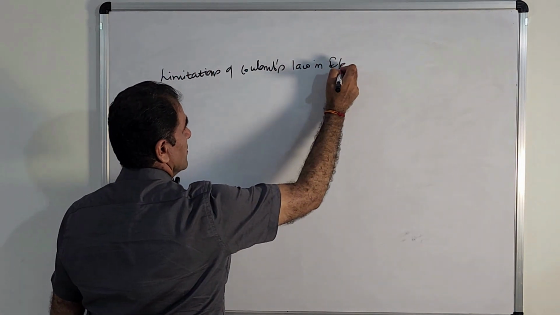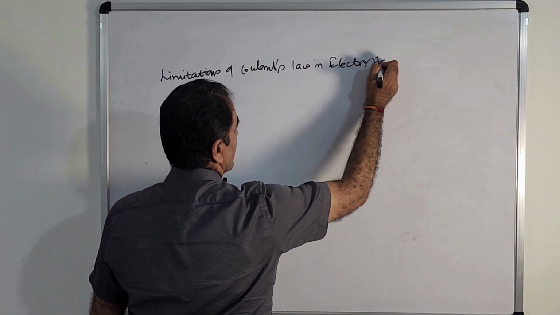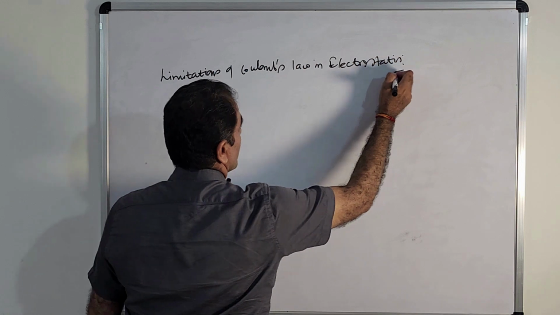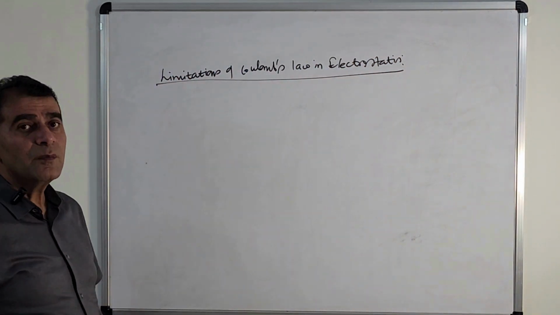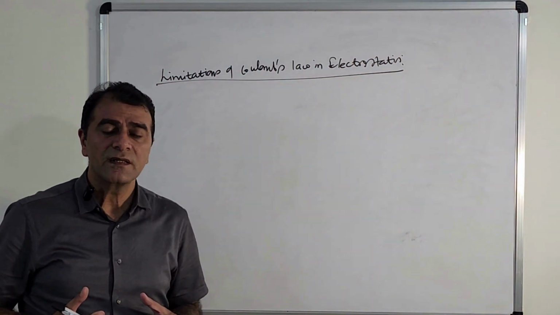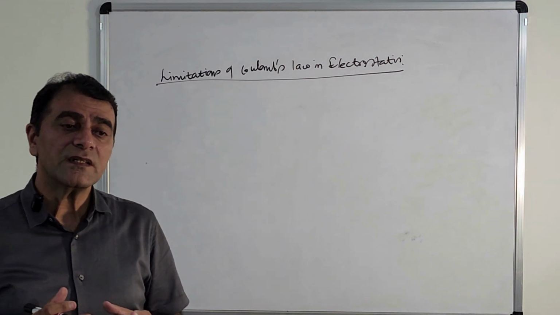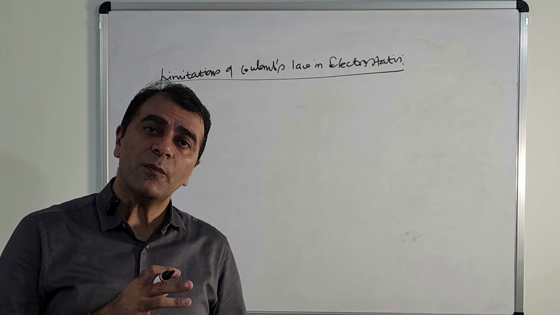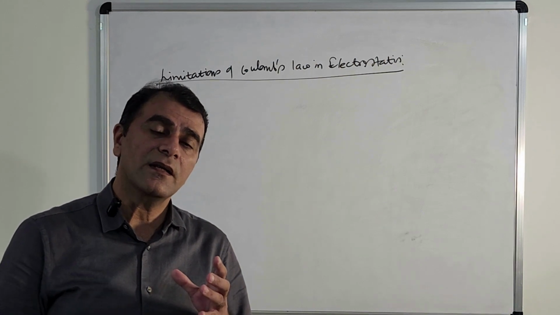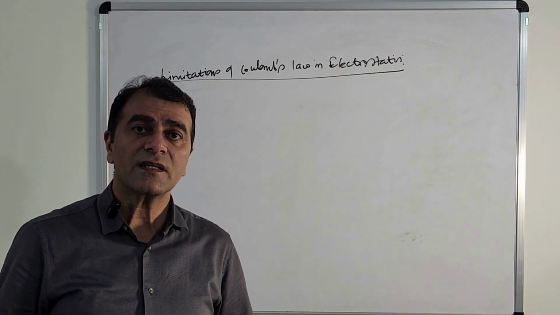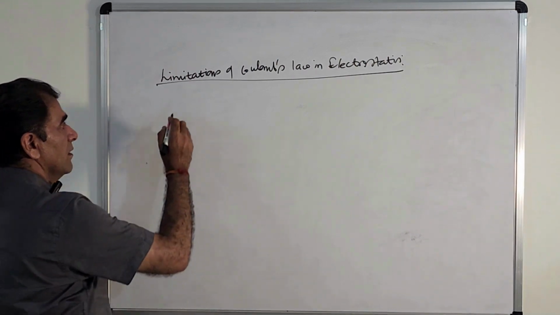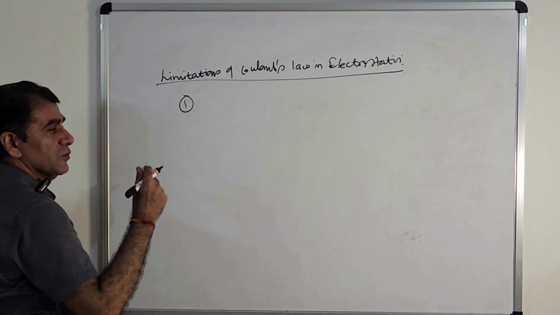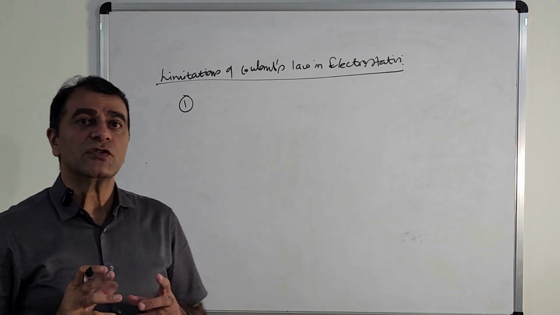In electrostatics, what are the limitations? Limitations mean the cases where this law does not hold good, where we cannot apply Coulomb's law in electrostatics. What are the cases? Number one, this law holds for charges at rest only.